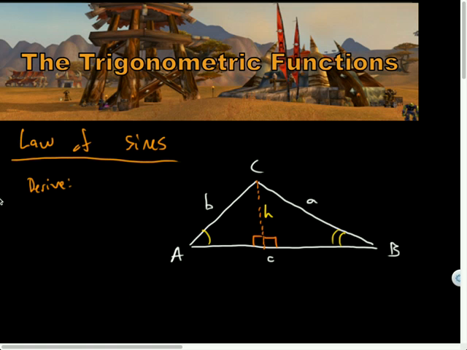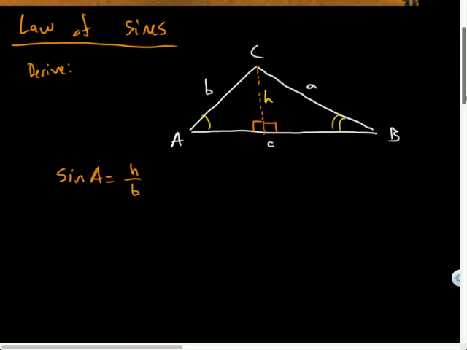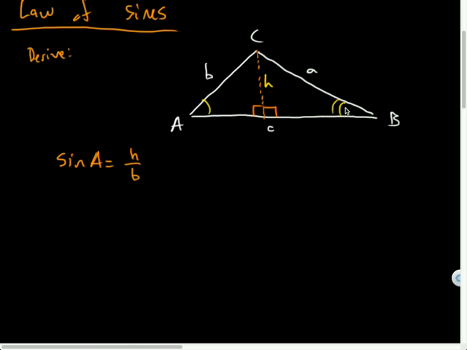So I could say that sine of A is equal to H over B. And how about from B's perspective, what's a trig ratio that compares those two sides that I know, or don't yet know? Opposite over hypotenuse. Okay, so sine of B is equal to H over A.